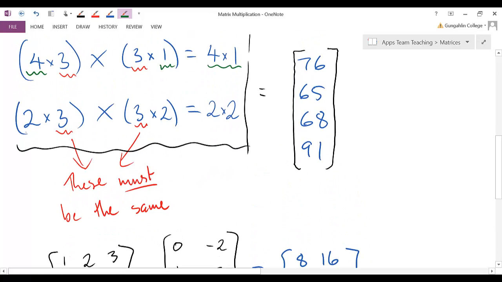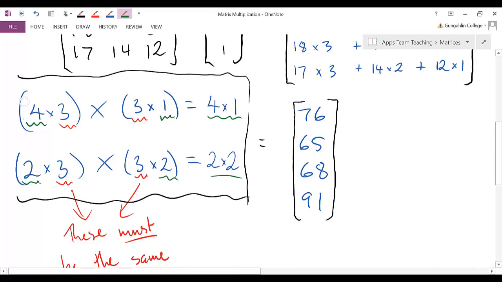In the second example, 2 and 2, I get a 2 by 2 matrix. So by setting them out like this, you can actually work out, first of all, whether you can do the matrix multiplication if these two numbers match up, and secondly, what the size of the resulting matrix needs to be.